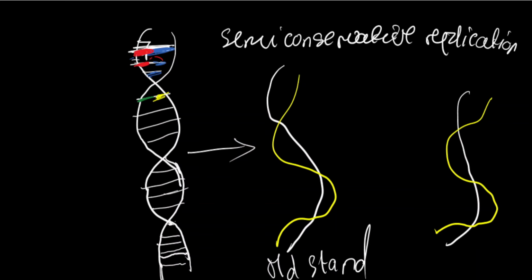Now when these two DNA molecules are formed, of course we would need the histone proteins, so that the DNA molecules can be wrapped around the histone proteins. Now the histone proteins are proteins, of course, and proteins are synthesized within the cytosol.